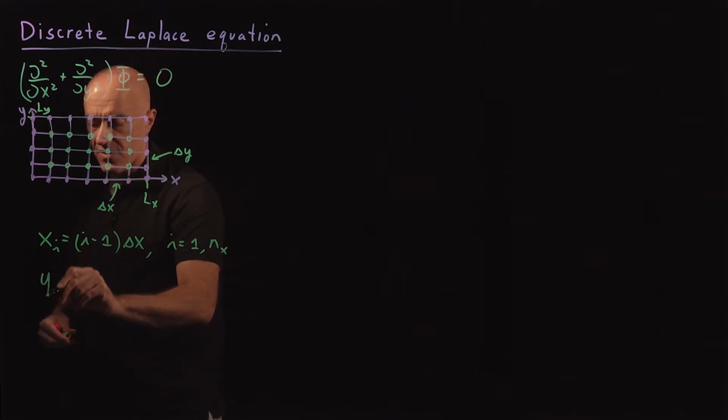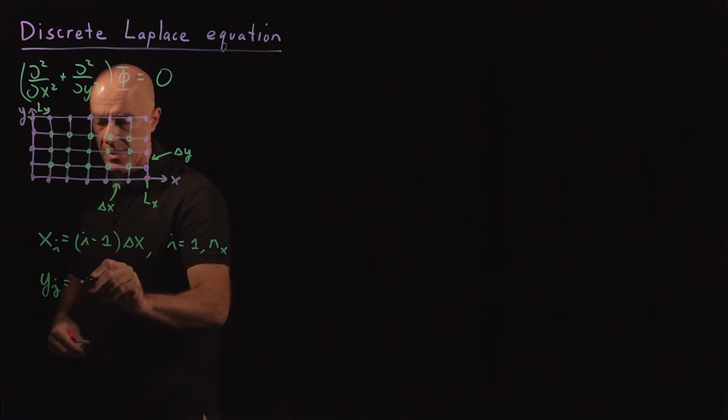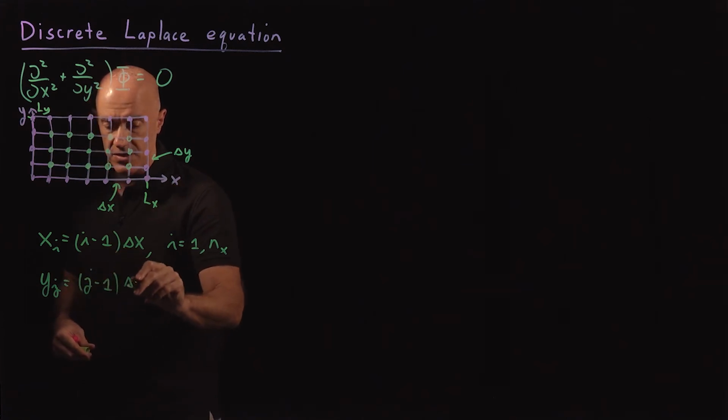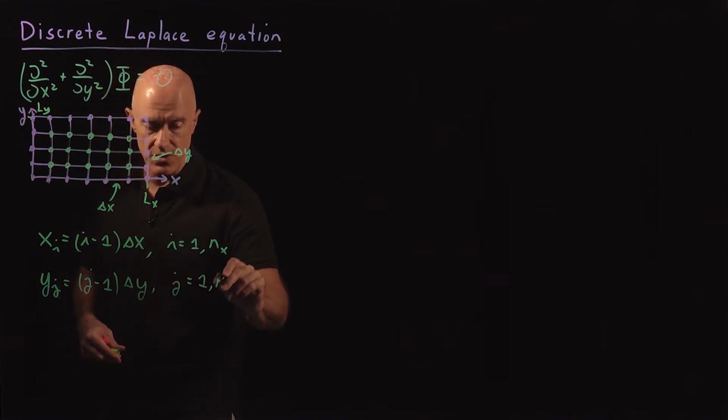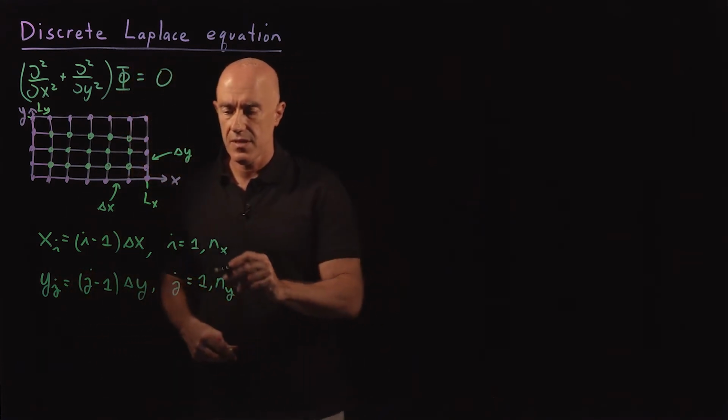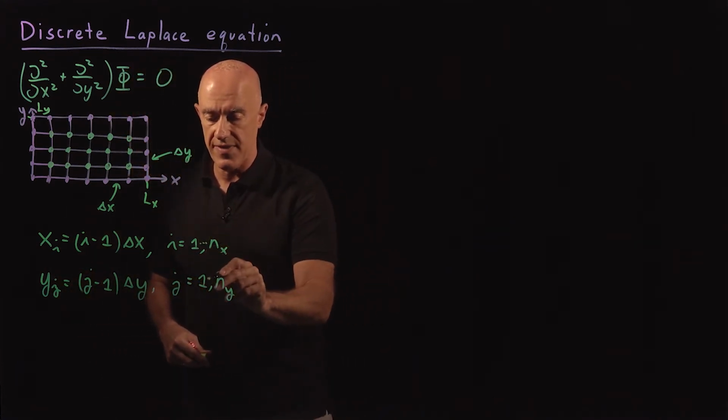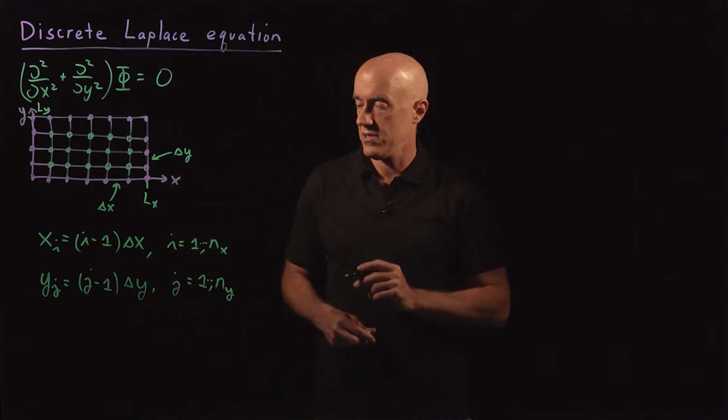We can define the y position on the grid by y sub j equals j minus 1 times delta y. And j then can go from 1 to n sub y. Okay? So this is through these values.